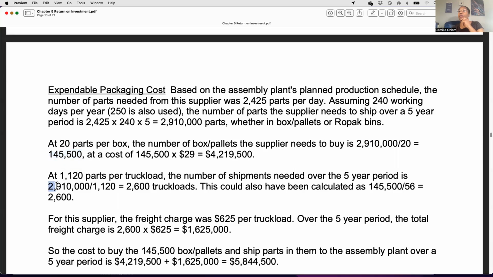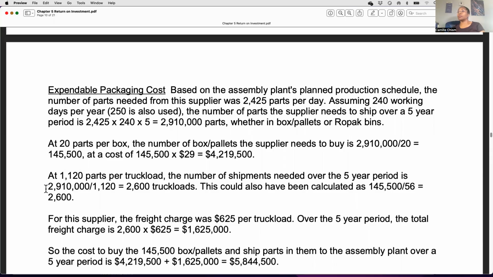So you know that you have the 2.9 million parts that are used over the 5-year period. You're using 1,120 parts per truckload. That tells you that you're going to be using 2,600 truckloads over the time period.